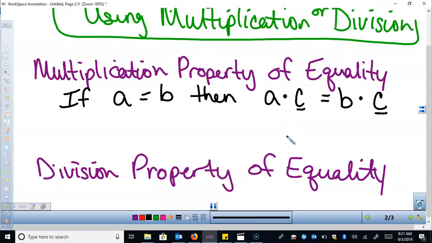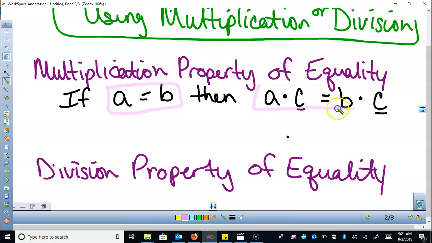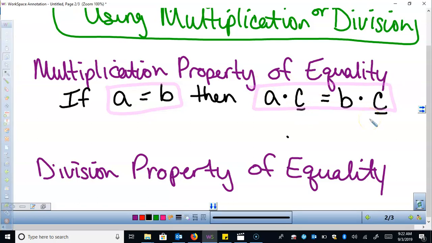So it states that this equation is equivalent to this. Basically, because we're keeping that balance, we're doing the same exact thing to both sides.